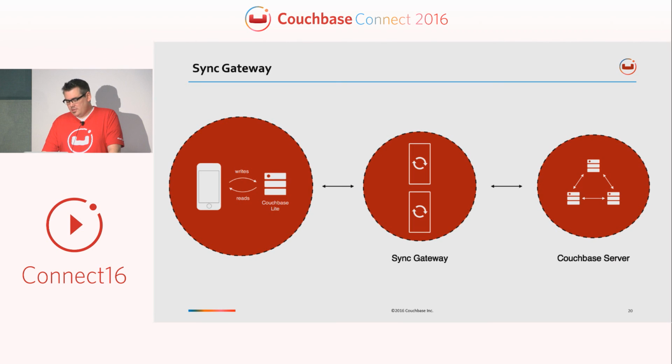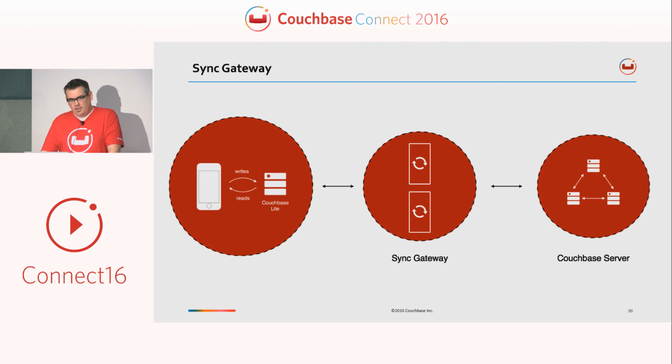Sync Gateway is the intermediary between Couchbase Lite and Couchbase Server. It manages replication of data and data security. It provides a variety of other APIs, which I won't get into in this talk, such as streaming and batch APIs, which could be used by things other than just Couchbase Lite. But for the purposes of this discussion, it's what's providing our replication API.